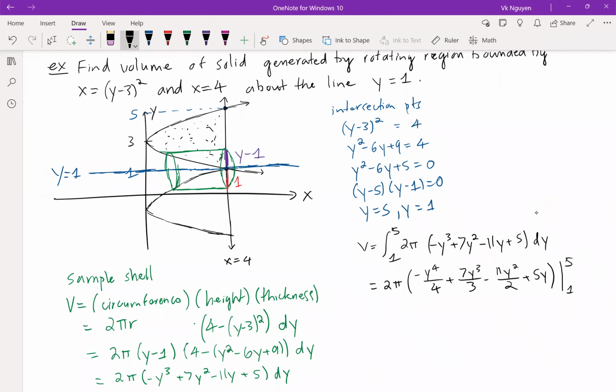If you work out the fractions, you're going to see that the answer is 2 pi times 64 over 3, which gives us 128 pi over 3. Oh, it is a good problem.